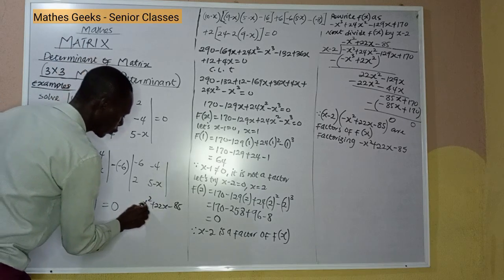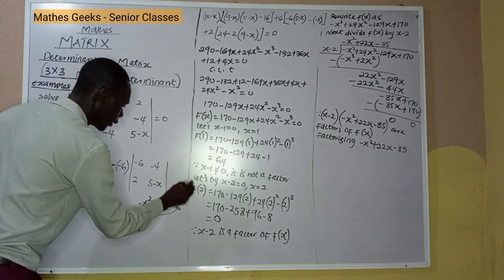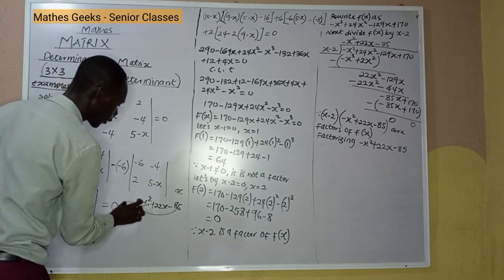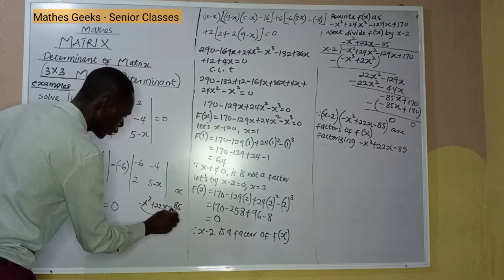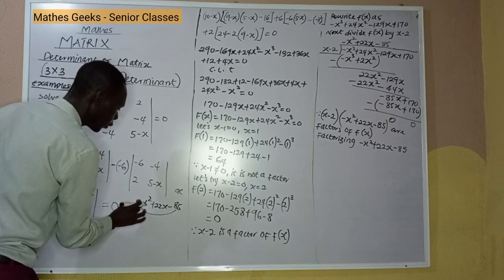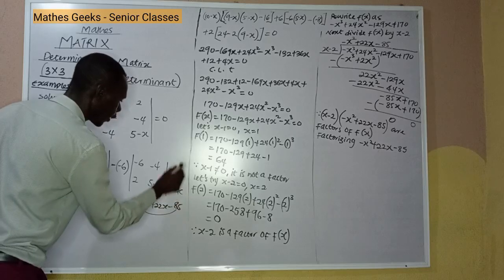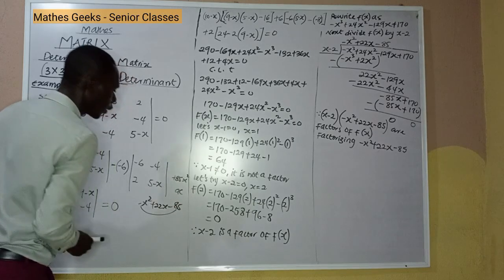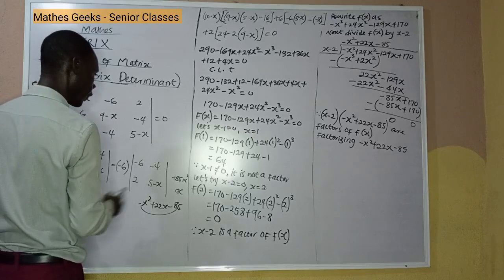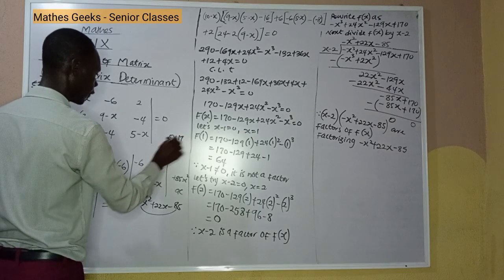Multiply AC, the coefficient of x squared times the constant: minus 1 times minus 85 will give us plus 85x squared. The two factors of 85 are 5 and 17.